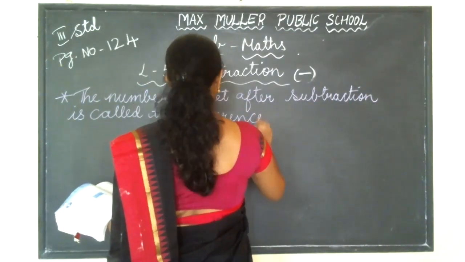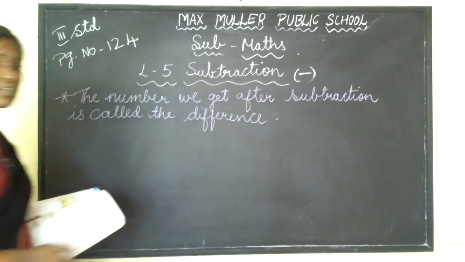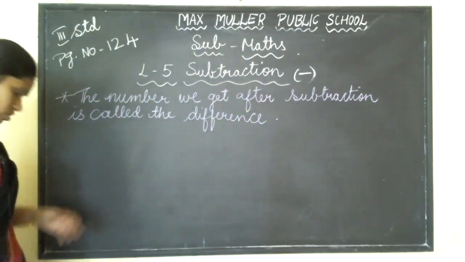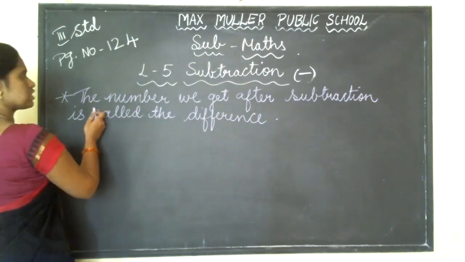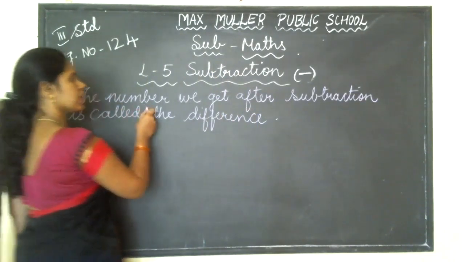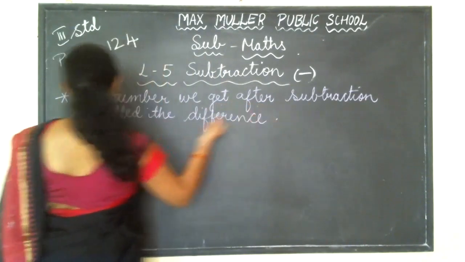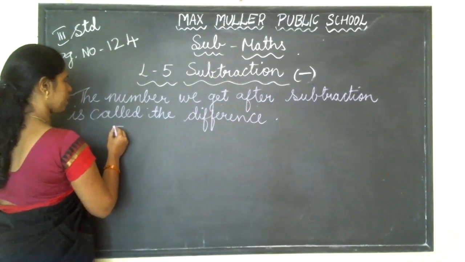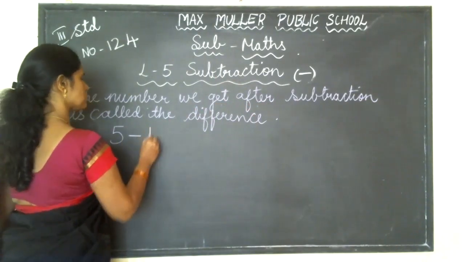After subtracting, what is the answer called? So, the first point they have given: the number we get after subtraction is called the difference. Now I am giving one number, 5 minus 1.